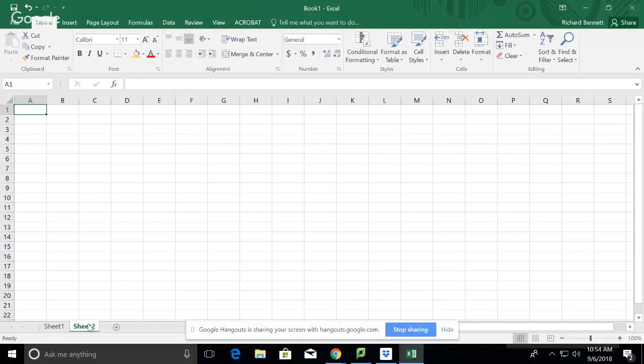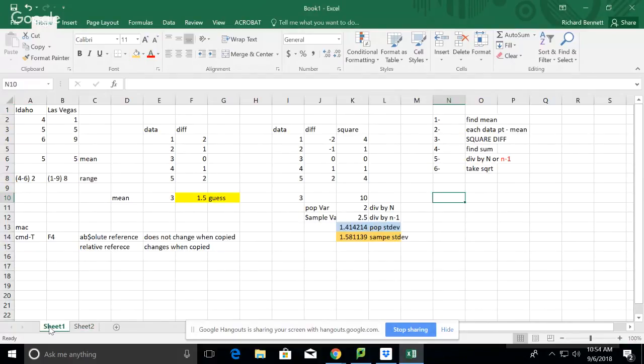Oh, by the way, before I do that, do you know there's a cheater method in Excel? Would you like to see the cheater method? Okay, here's the deal. How many points on the test is the cheater method going to give you? 0 points. Okay?